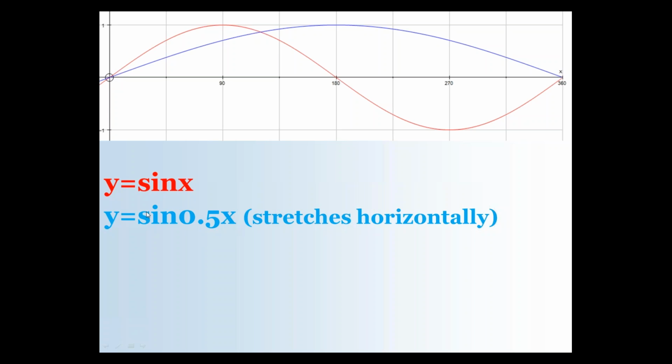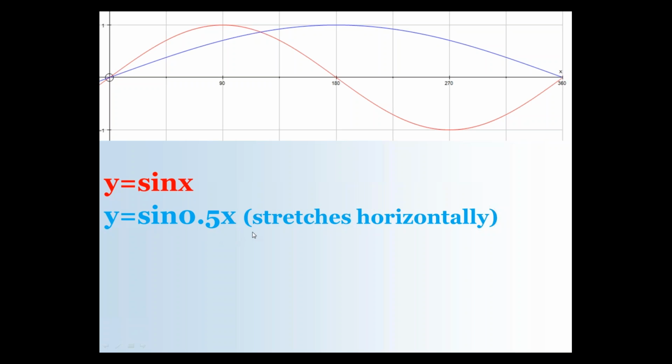When you've got some sort of function with it in with the x, whatever that number is here is now the new wavelength. So here you can see you only have half of a wave in 360 degrees. So the new wavelength is a half.